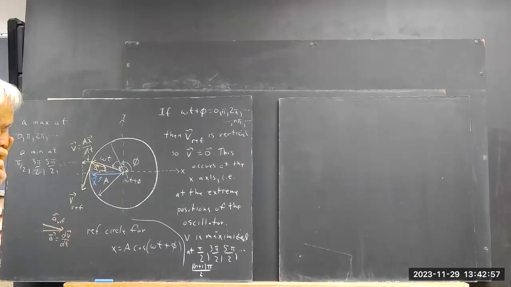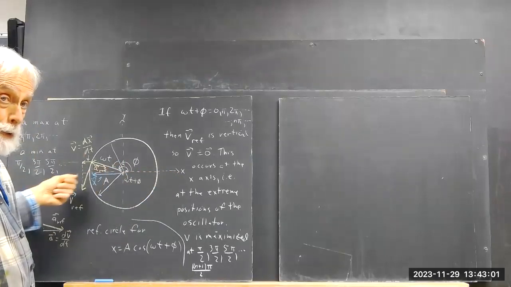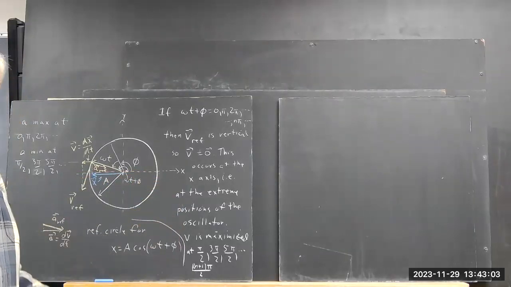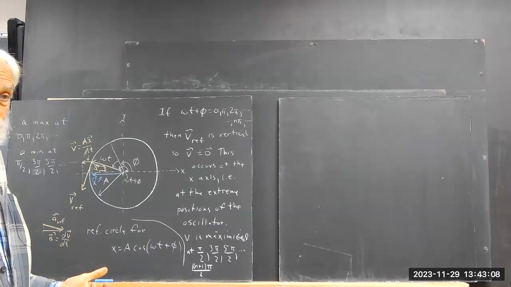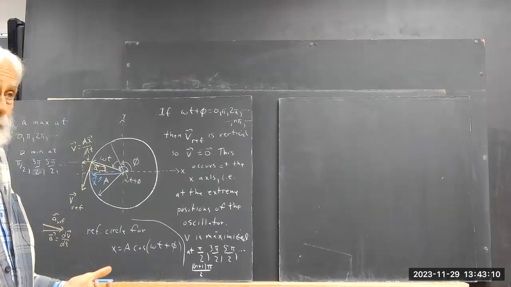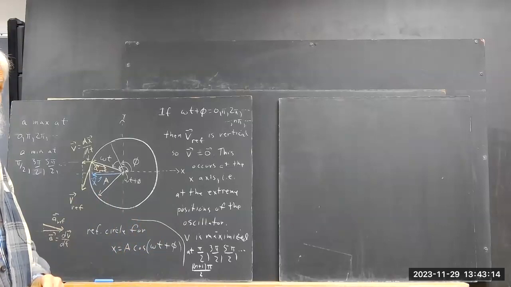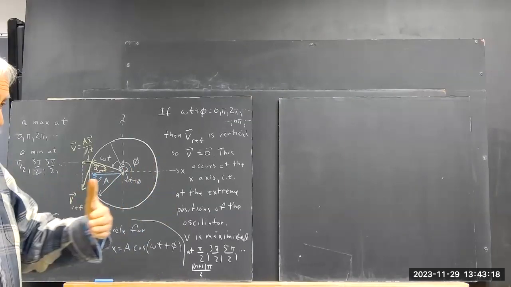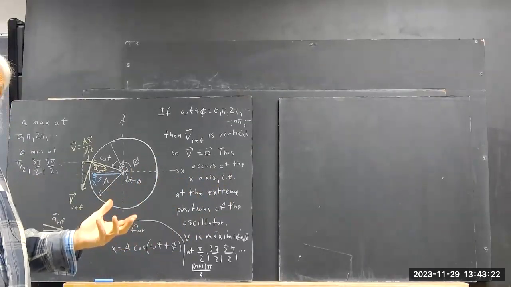Well, now consider the oscillator. It's on a spring, let's say, oscillating back and forth this way. Where's it going to experience the maximum force? What is the magnitude of the force going to be maximized? Well, the spring is pulling back this way, and it's pulling back this way, right? Where is the maximum force going to occur?